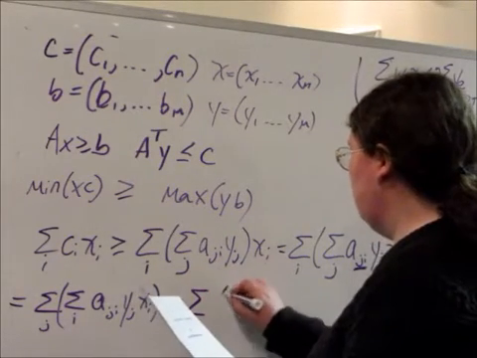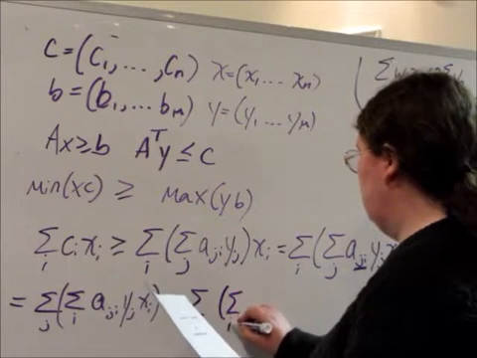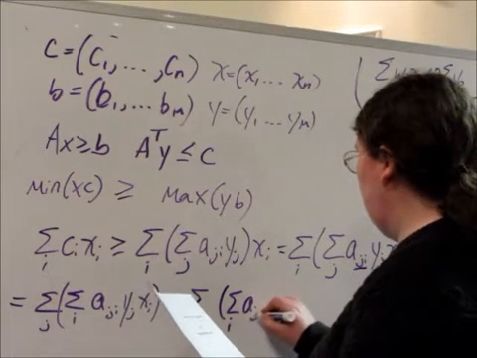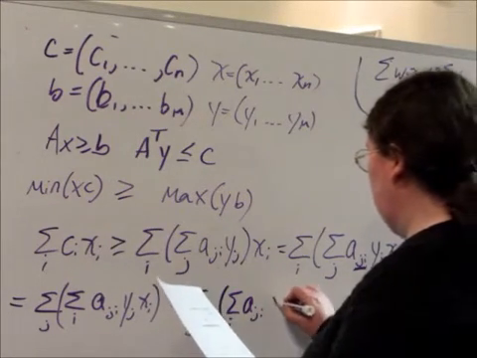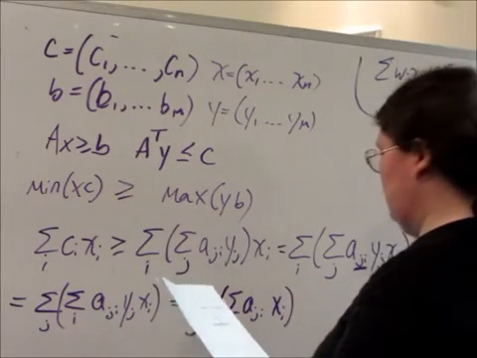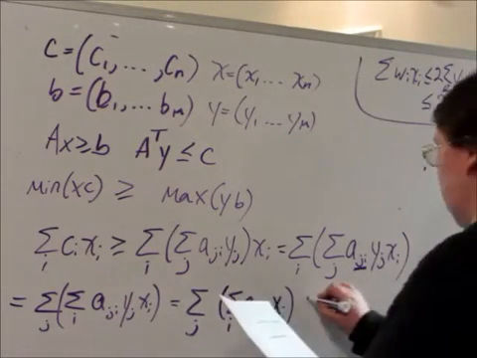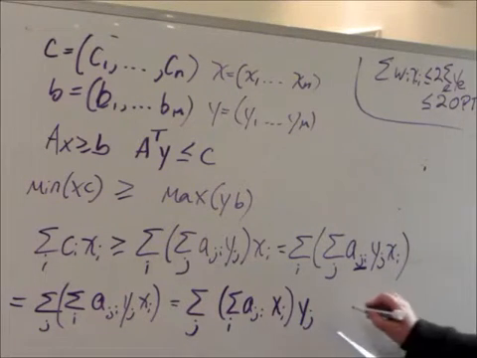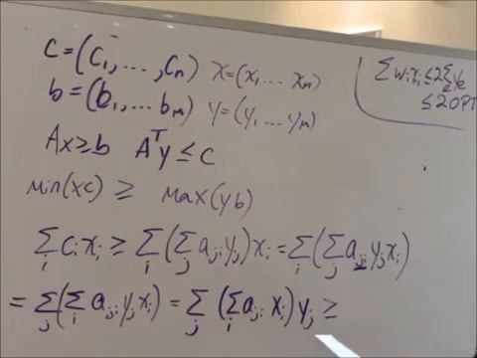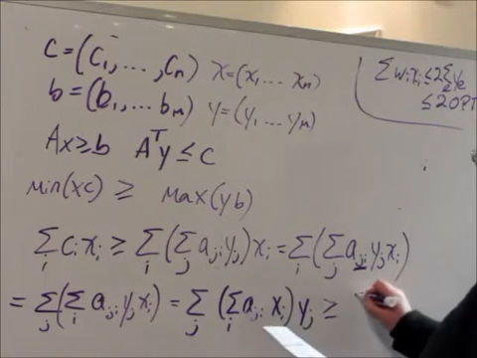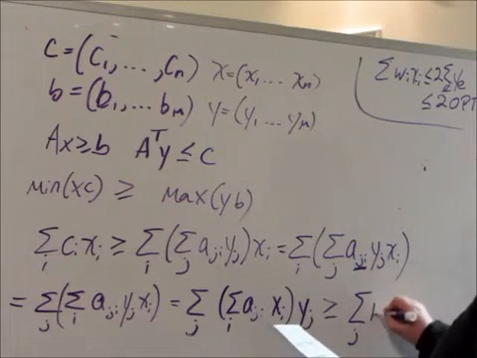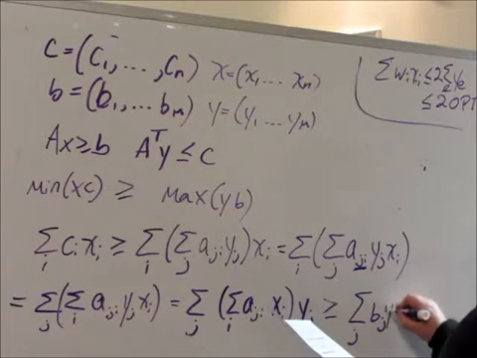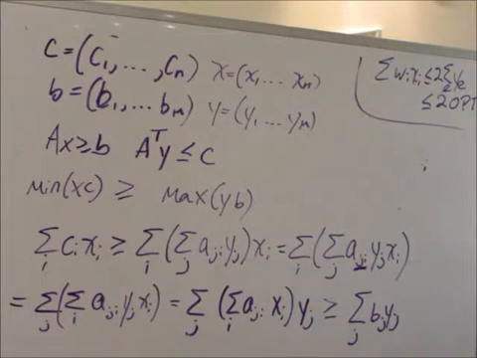Okay, so this is the sum over j, sum over i, A j i, x i, y j. And then I can say that that is going to be greater than or equal to sum over j, d j y j.